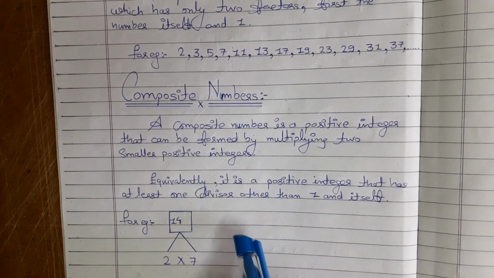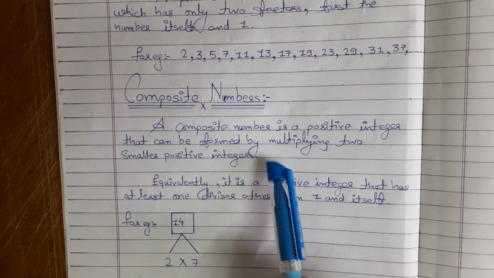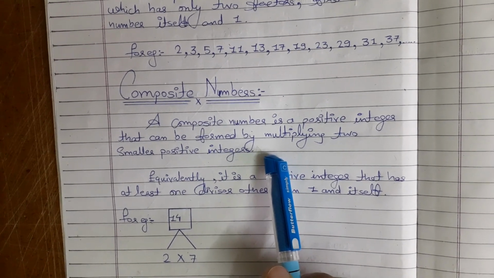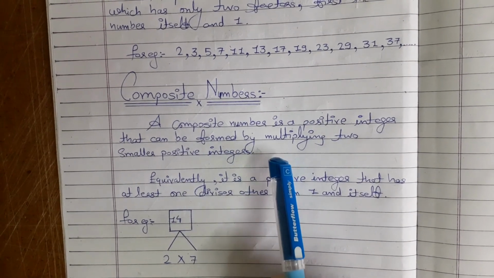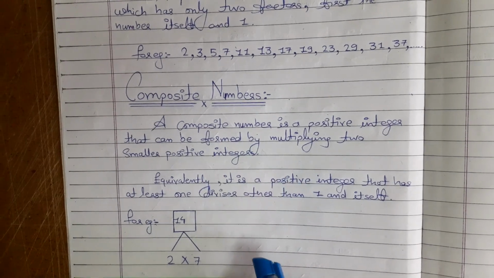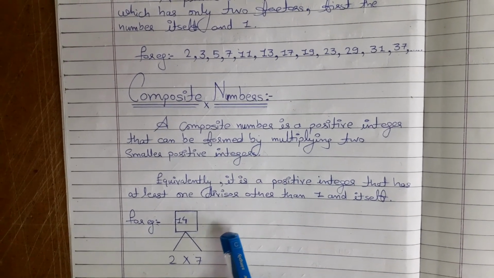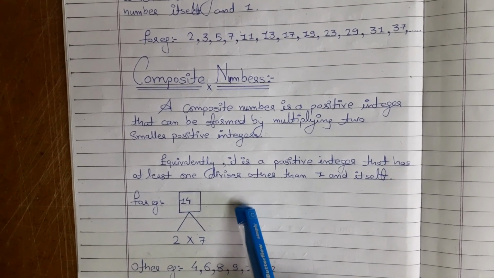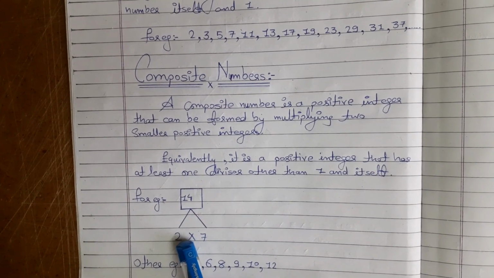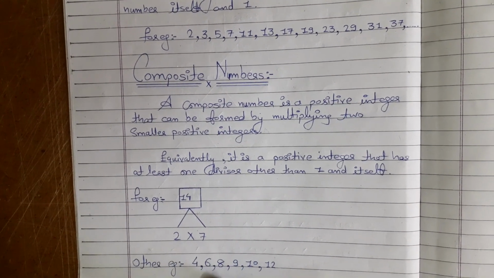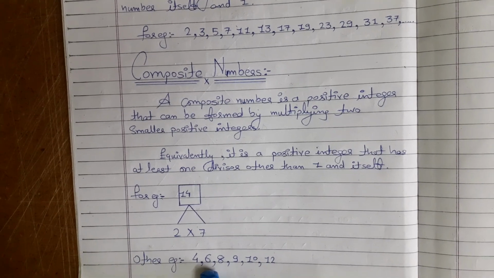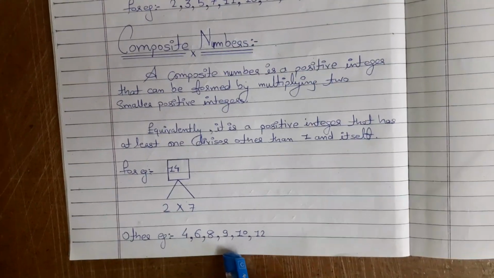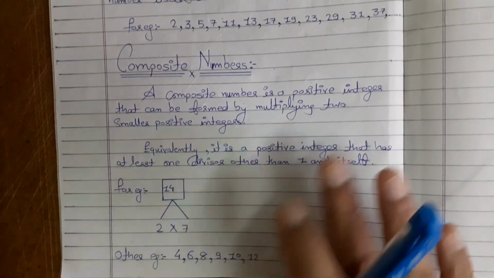This is the definition of a composite number. One example given here is the number 14, made by multiplying 2 and 7. Some examples of composite numbers are 4, 6, 8, 9, 10, 12, etc.